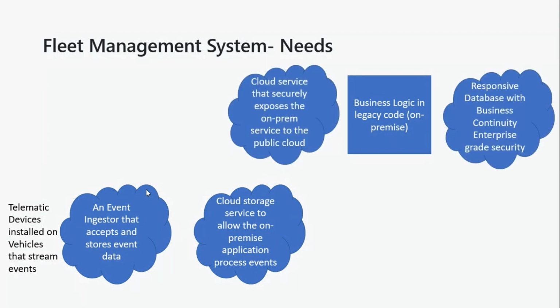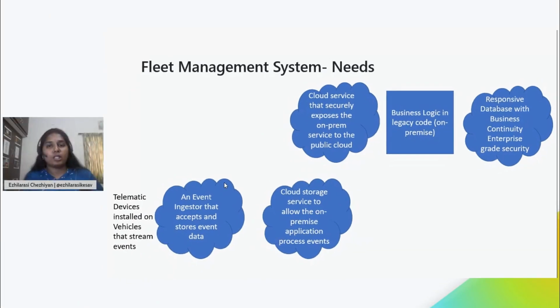And my application, the core business service, exists on-premise. This has to be safely exposed to my cloud services. So I need a service in place which can expose the service from my corporate network into the cloud securely, without inviting many changes into my corporate infrastructure.